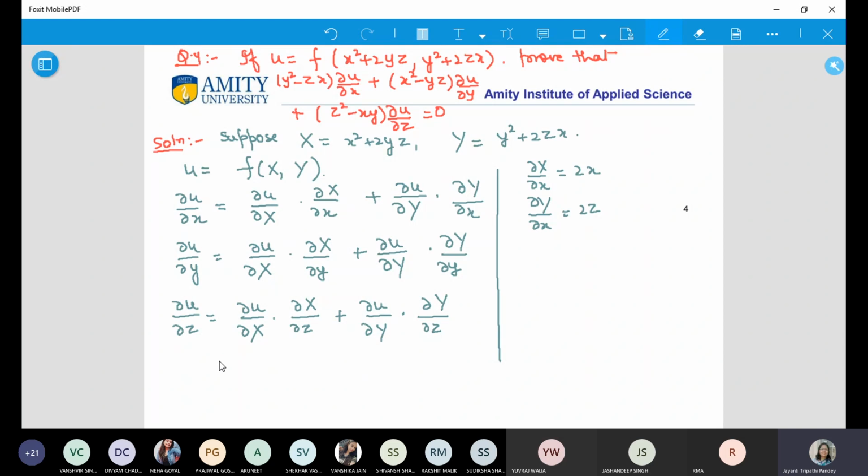So the first part will give me del u by del x is 2x times del u by del capital X plus 2z times del u by del capital Y. Is this step understood? Yes, ma'am. If it is understood, please find the rest of the two.